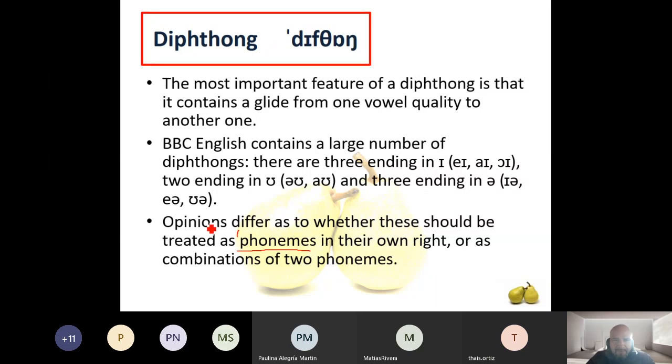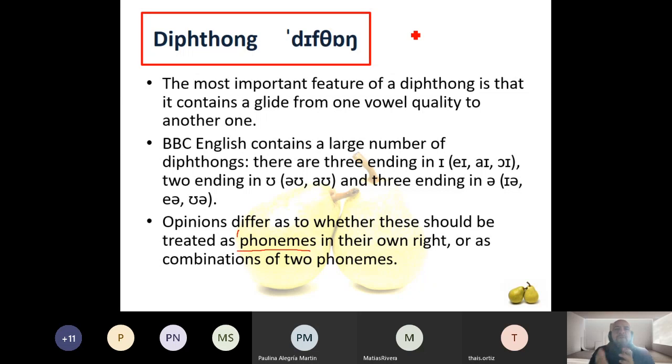So some phoneticians consider that diphthongs are basically a combination of two phonemes, so we should treat them as two vowel sounds, right? And other phoneticians or linguists consider that diphthongs should be considered only one single sound unit.